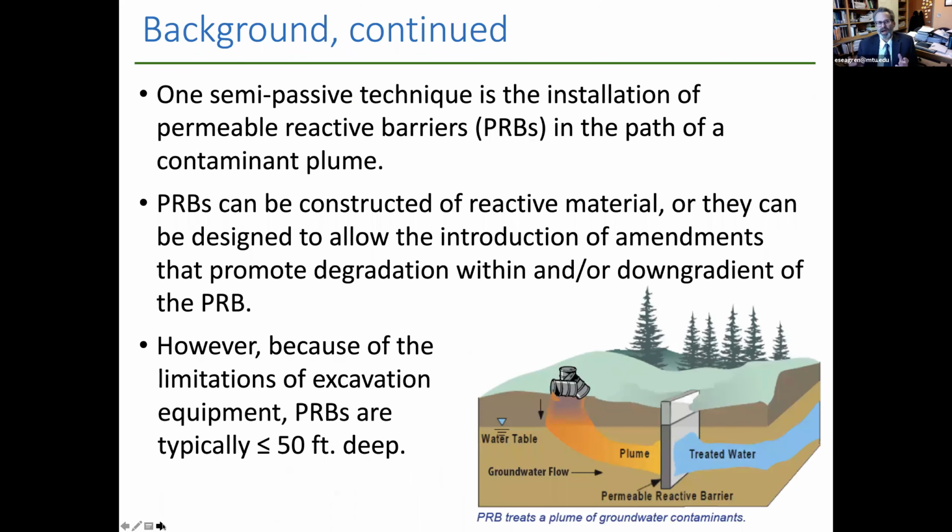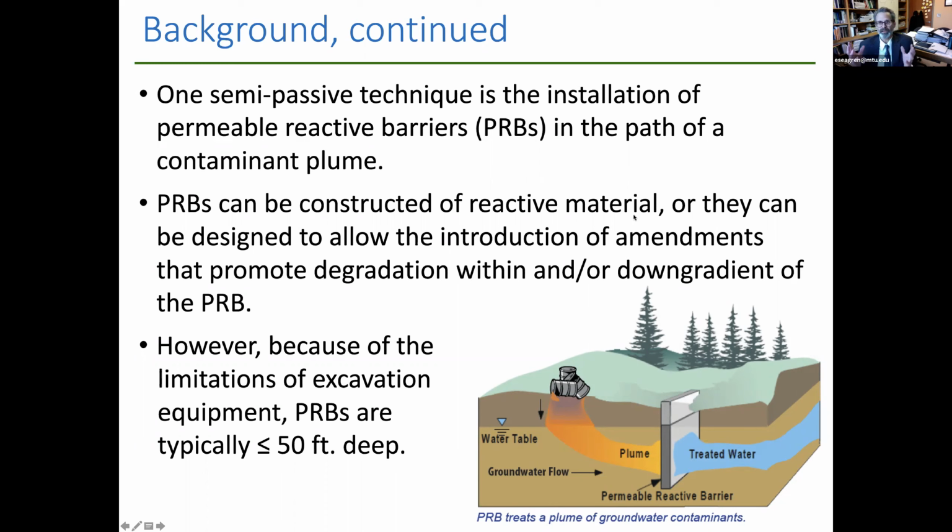So one of what we might call a semi-passive technique is the use of permeable reactive barriers, or PRBs, that we place in the path of the contaminant plume. I show you here, we've got a contaminant source and some drums that are leaking, contaminating the subsurface and the saturated zone, the contaminants being carried by the groundwater plume, and then in their path, we place a permeable reactive barrier that has been excavated using excavating equipment and then filled with reactive material.